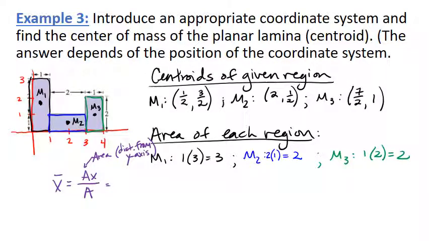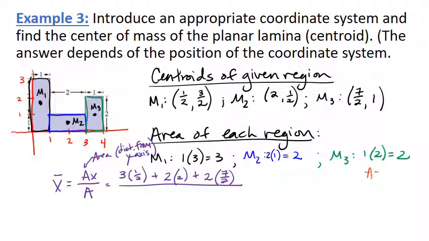So in our first region, M1, we would have 3 times 1/2. In the second region, we have an area of 2 times an x value of 2, plus the third region, which is an area of 2 times an x value of 7/2. Now all of this goes over A, and A is simply the total area.